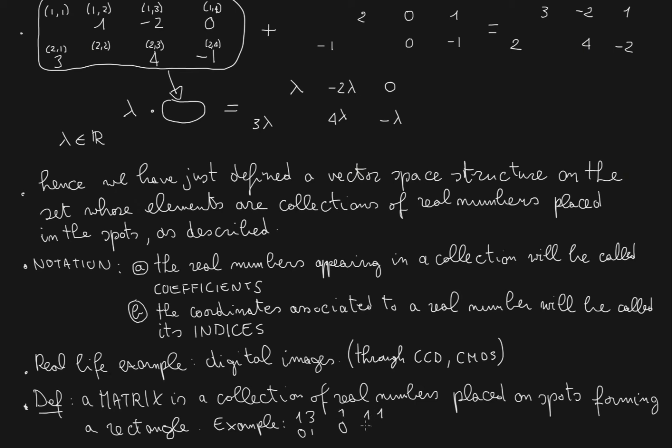Or it can be something more complicated, like 2 rows and 3 columns: 0 1 2 3 4 5. This is another matrix. So you see we have no blank spots, and they all occupy a rectangular region.